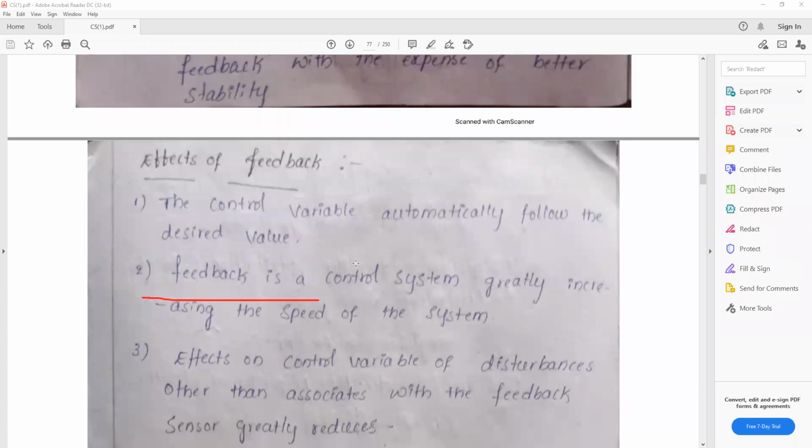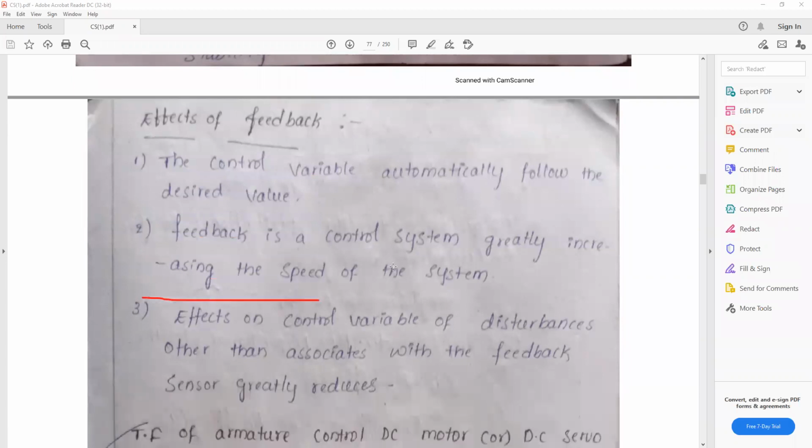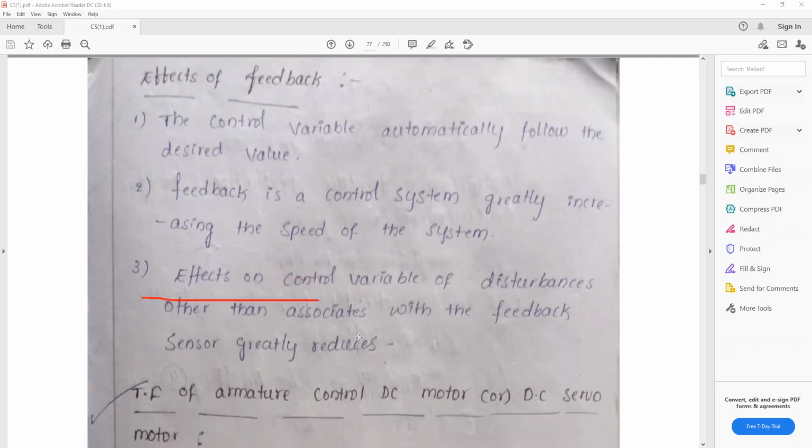Feedback in a control system greatly increases the speed of the system. And the effects on the control variable of disturbances, other than those associated with the feedback sensor, are greatly reduced.